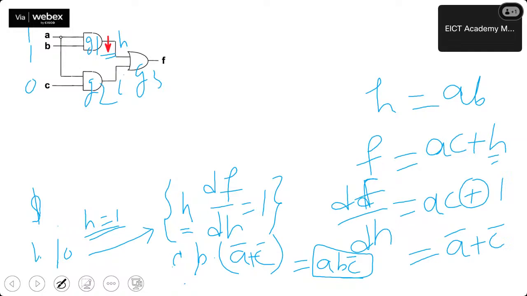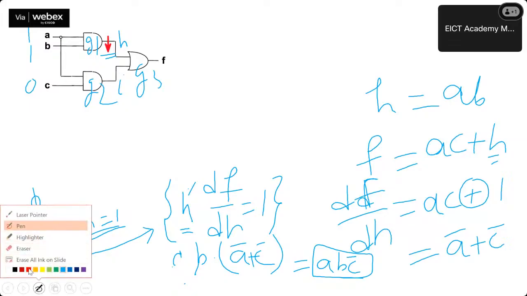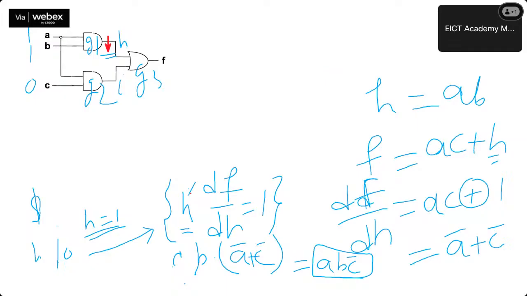Okay. Now what about if it was H stuck at 1? In that case we will just take the complement, df upon dh, right? So let me change the pen. We will just change it this way. It means A, B whole dash along with this. Let me write it on the next page.